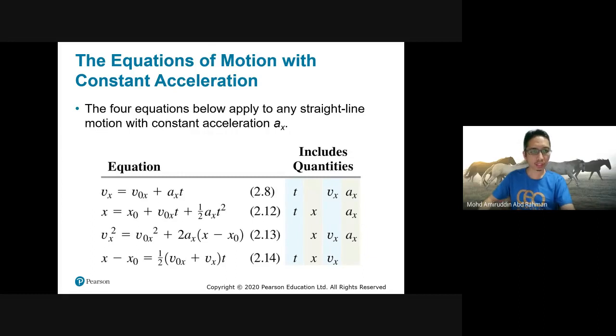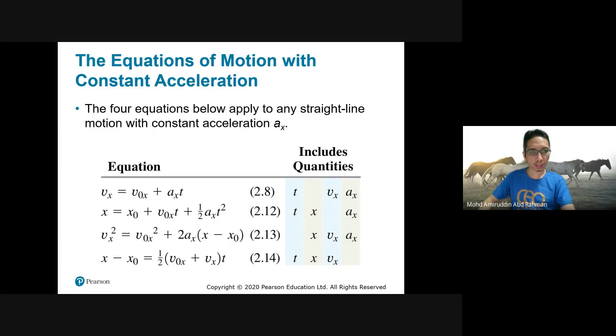When you make this, the equation should be V naught x squared plus 2 V naught x ax t plus ax squared t squared, because that one already been simplified by x over here.